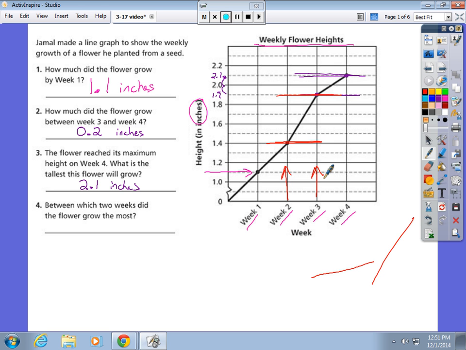But let's figure that out mathematically. Each one of these are a tenth, so 1/10, 2/10, 3/10, 4/10, 5/10. So it grew a half an inch between weeks 2 and 3.